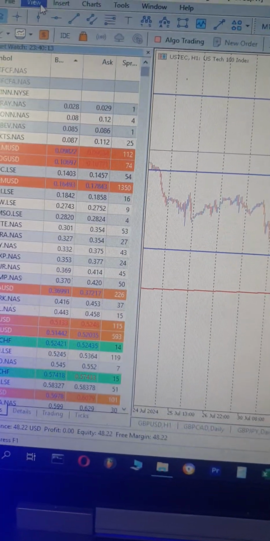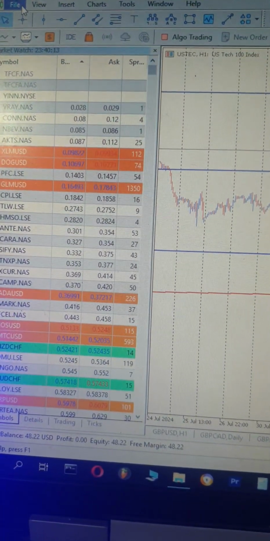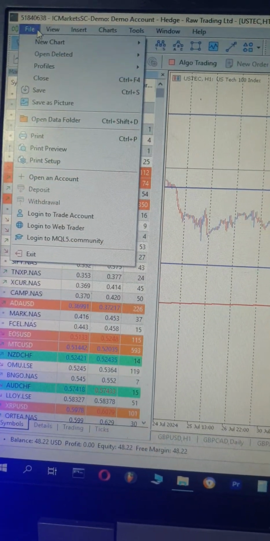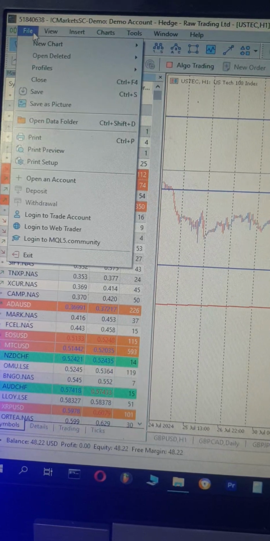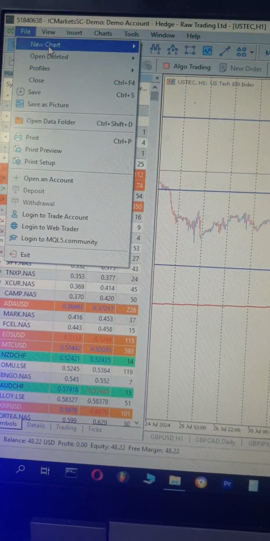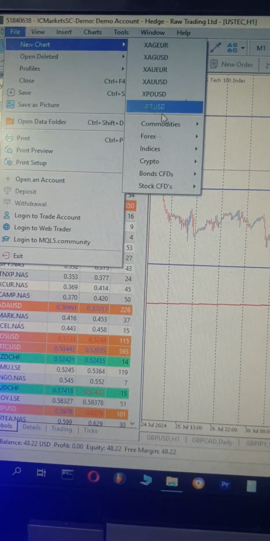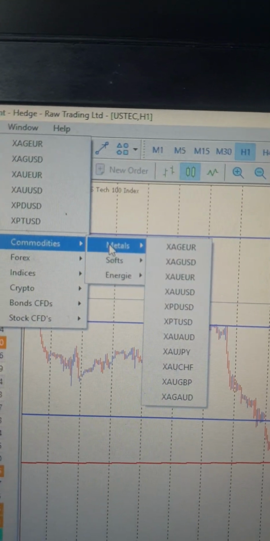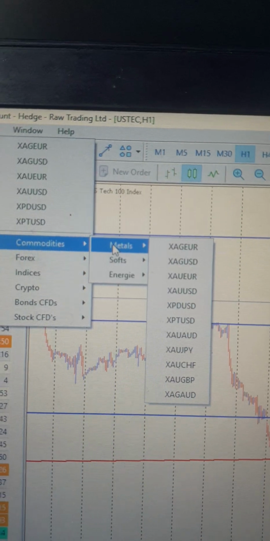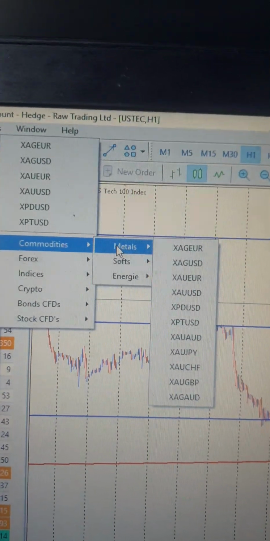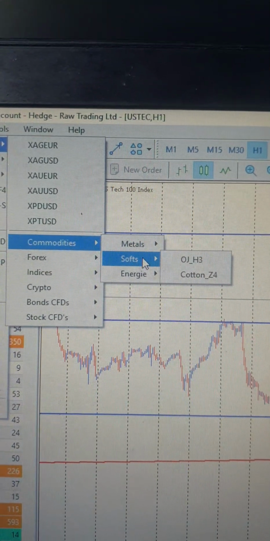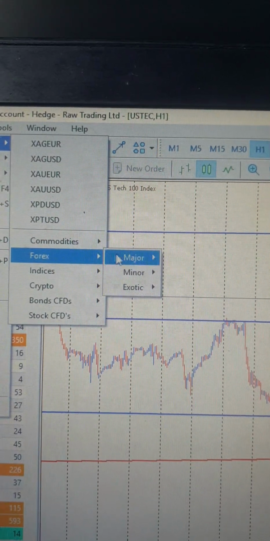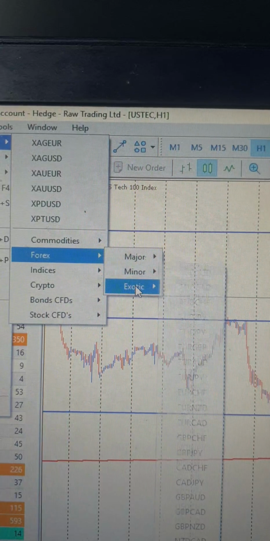Let me check it. When you want to check if it is a currency, a commodity or an index, you come to your file, you go to charts, and you see commodities. When you look at commodities, you have metals, which are gold, silver, and the other ones. Then you have softs, you have energy. Then you have forex, where you see the major, minor, and exotic forex.